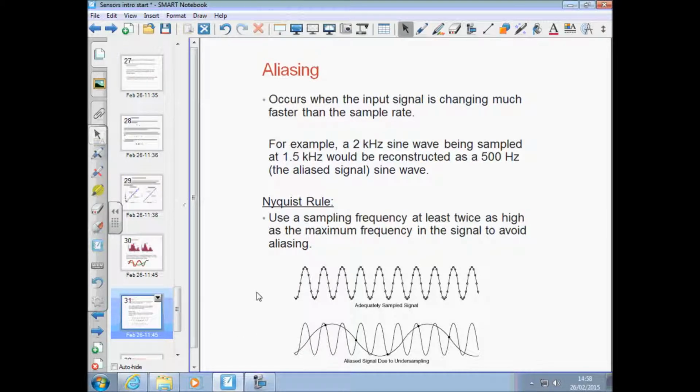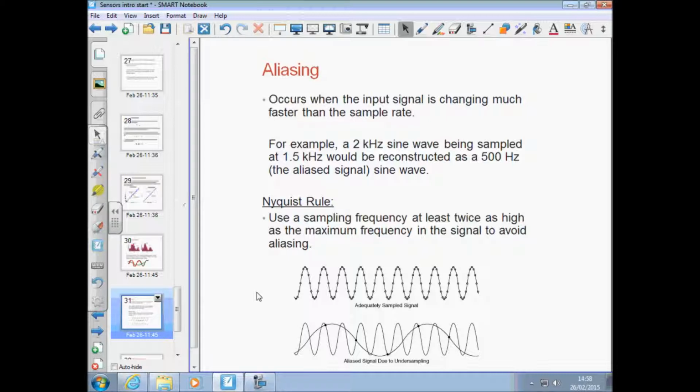If we sample far too slowly, where the input signal is changing much faster than the sampling rate, we get what's called aliasing, where the output from the analog to digital converter is an alias of the actual signal, as in that bottom diagram.